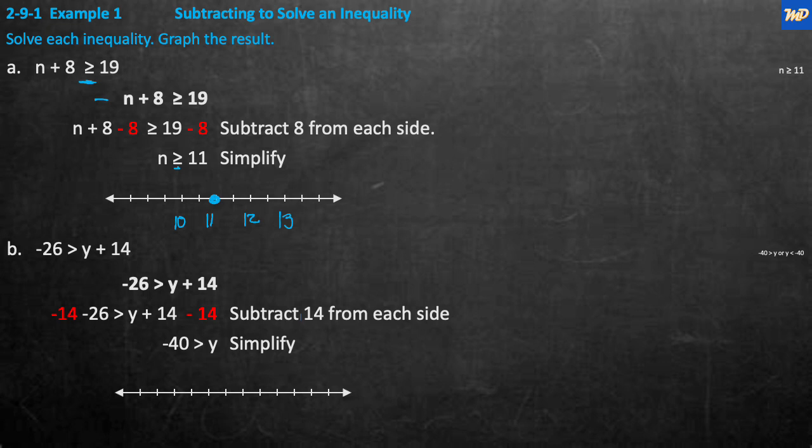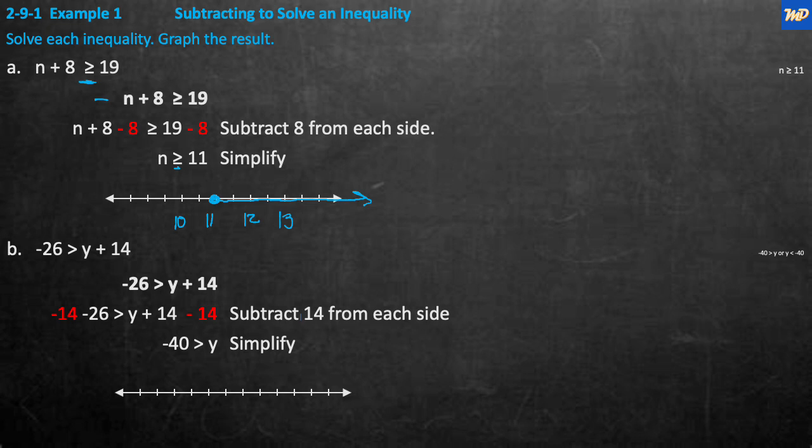You've already taken care of the equal, so it's greater than 11. All the values that you're going to color a line on here are the n values. So n is 11 and a half, it's 12, it's 13, it's 14, 15, a million, 10 million. Every number that is greater than or equal to 11 is part of the solution of this inequality.